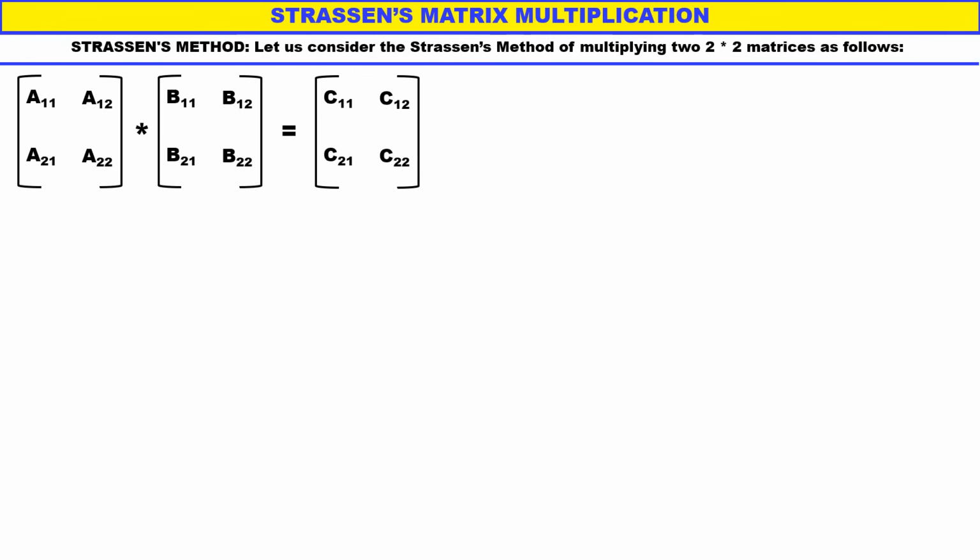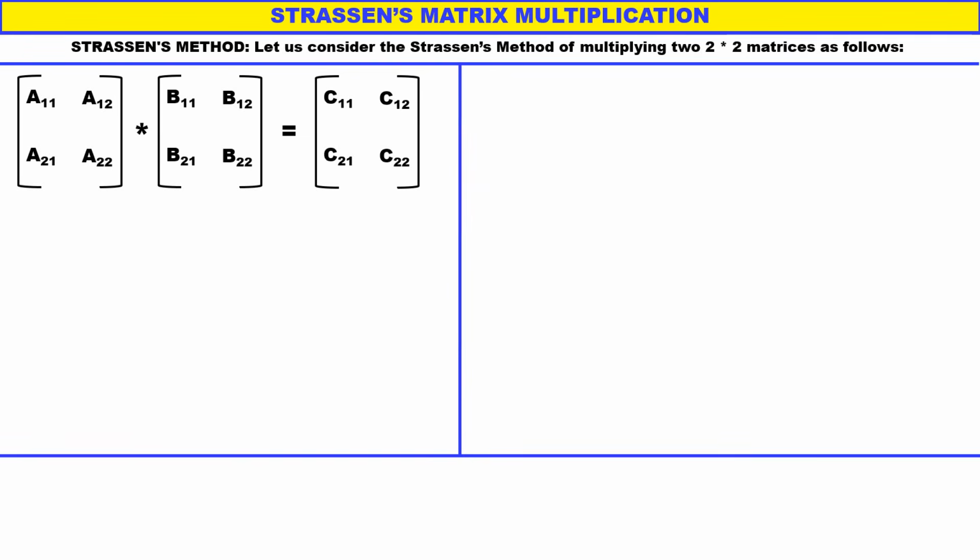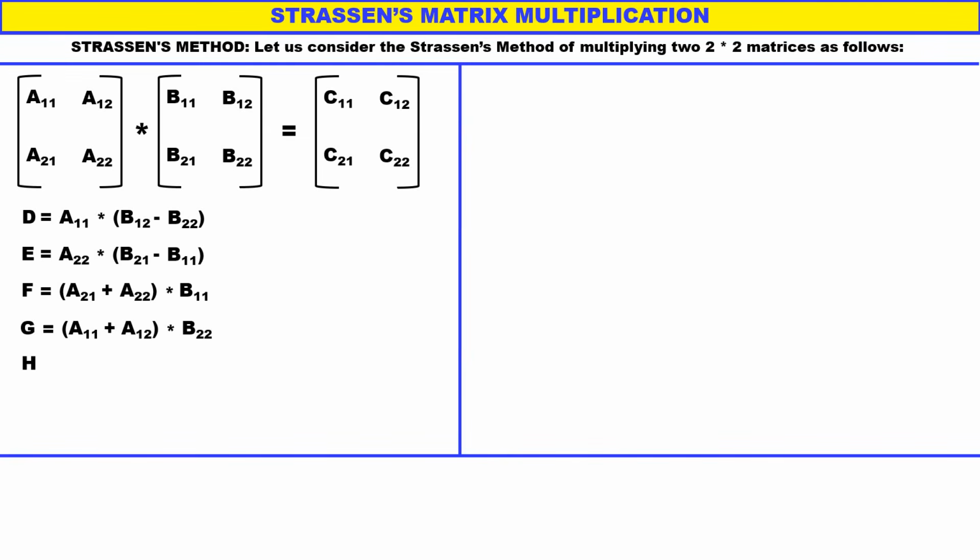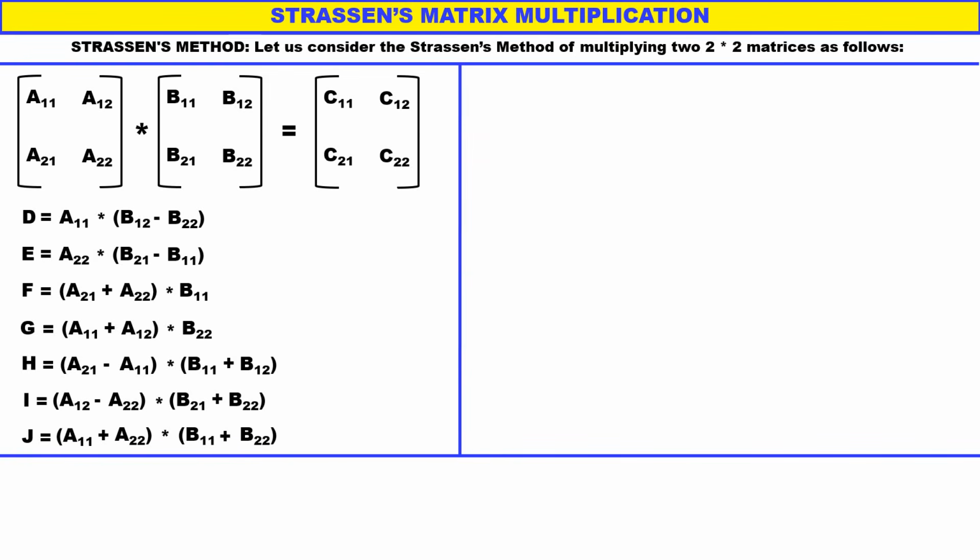How? Let us discuss. What Strassen has done is he has got formulas for D, E, F, G, H, I, and J. He did some mathematical research and he has got a few formulas for D, E, F, G, H, I, J. Using these values, he will compute C11.